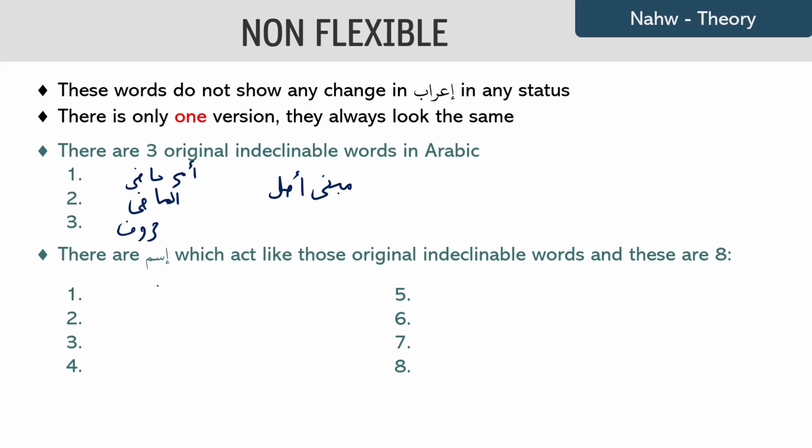And there are 8. I'm going to list the categories. We don't necessarily need to know what they are for now. Number 1 is damir. These are your pronouns. Then you have your ismul ishara. These are your indicative words, words like this and that. Then you have your ism mawsul. These are words like alladhi, the one which, for example. Then you have asma'ul af'al. These are isms that have the meaning of a verb. Then you have your asma'ul aswat.